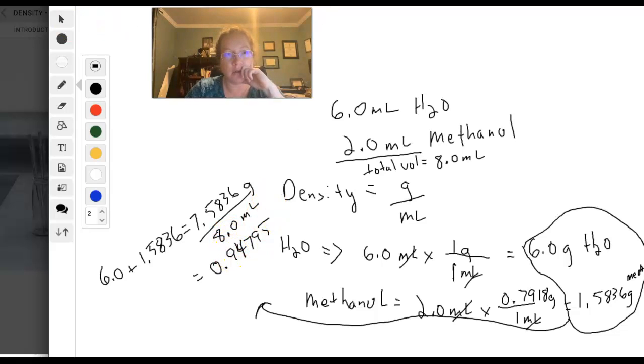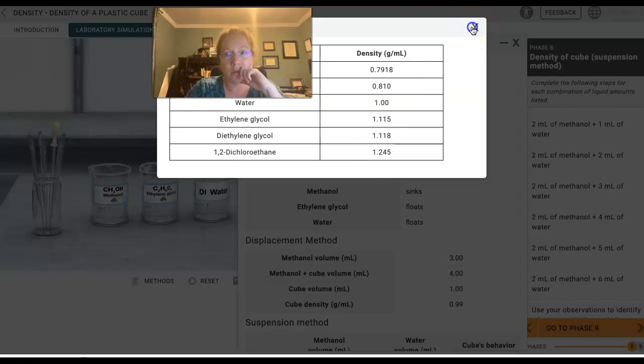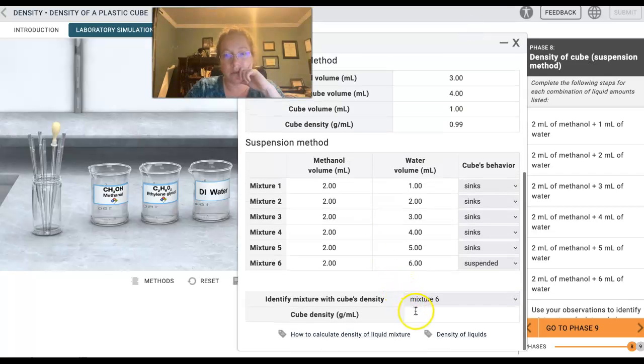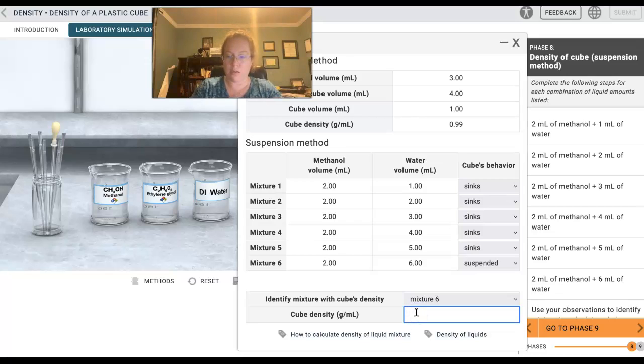Okay, close this out. So that is the density of the liquid, but remember the density of the liquid is equal to the density of the cube because it's suspended.